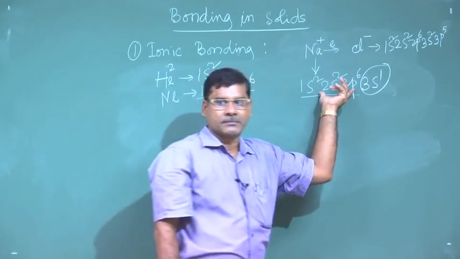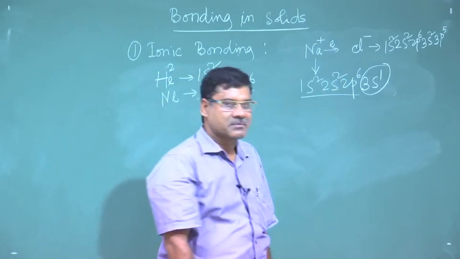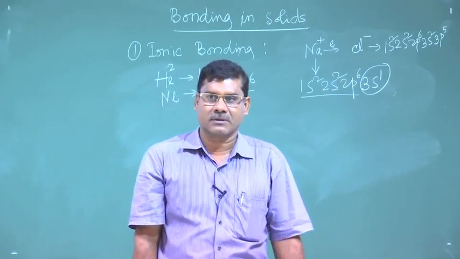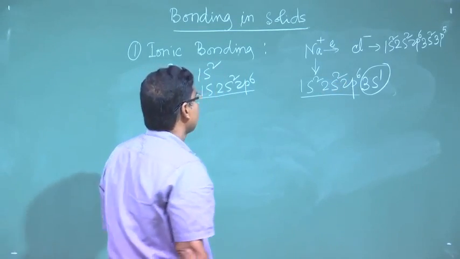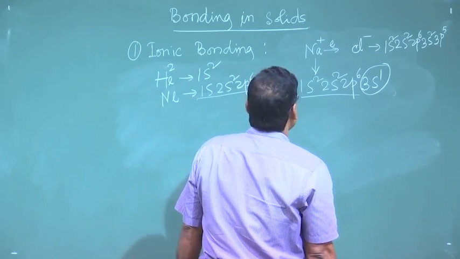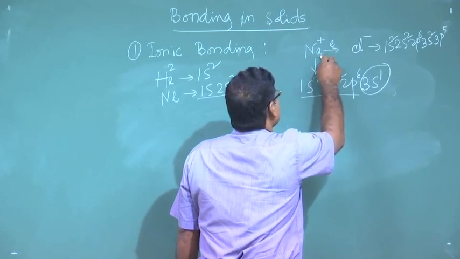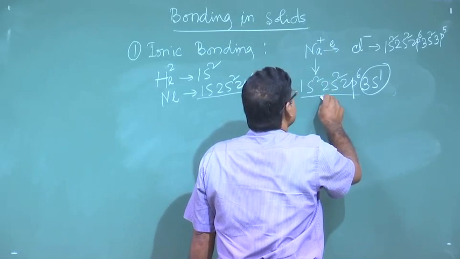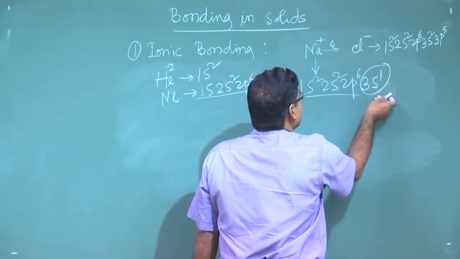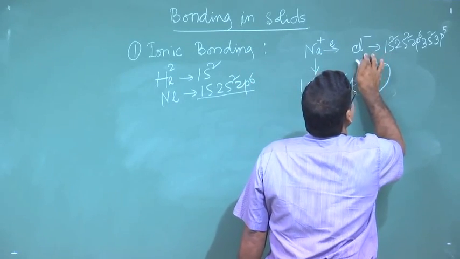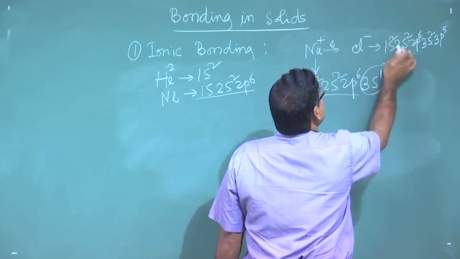This is sometimes also called the octet rule. So, sodium will be more stable if it leaves 1 electron.